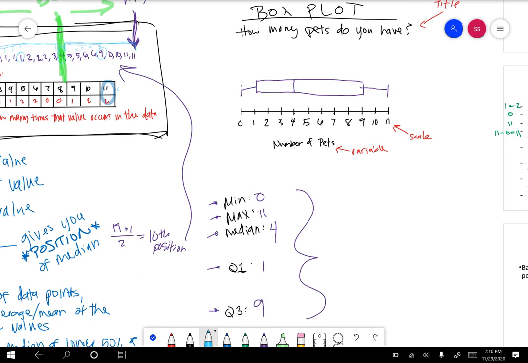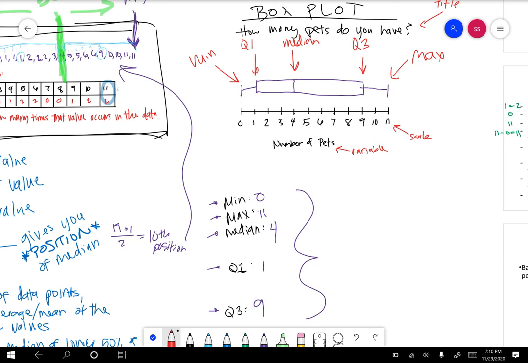I'm gonna use red. So that's our minimum. That's our maximum. Here is our median, our middle value. Here is our Q1 and our Q3. So hopefully that made it a little more simple than maybe you've learned about box plots before.